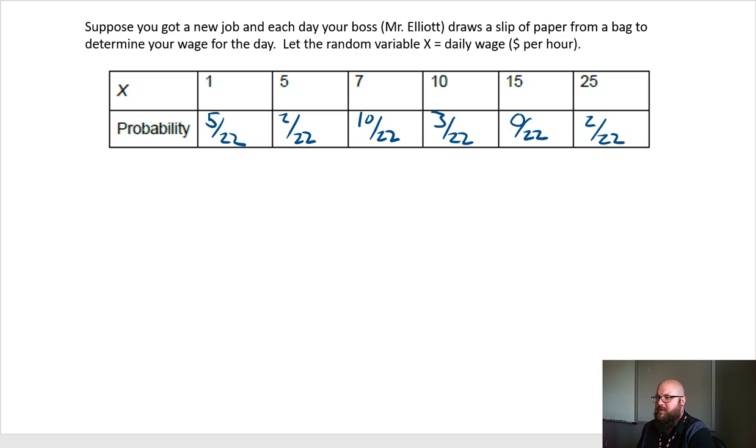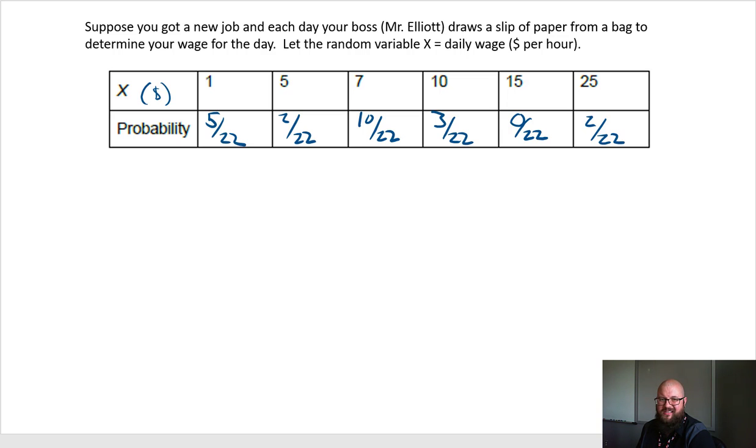So we have our dollars per hour up here. Okay, so we got everything from $1 to $25 an hour. And in a previous class, these are the probabilities we came up with for $1 an hour up to $25 an hour with the slips of paper I did. It worked out pretty good. I had 2 lucky individuals in that class who got $25 per hour, okay?